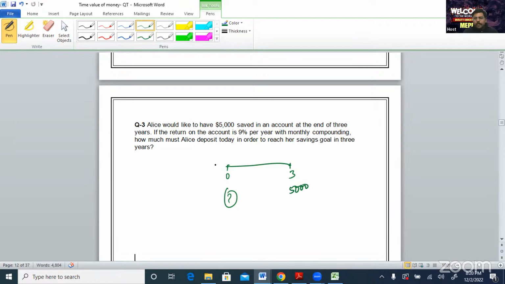So let me go to the calculator and solve it. This is a case of single cash flow. So I first clear the TVM, so second and clear TVM.